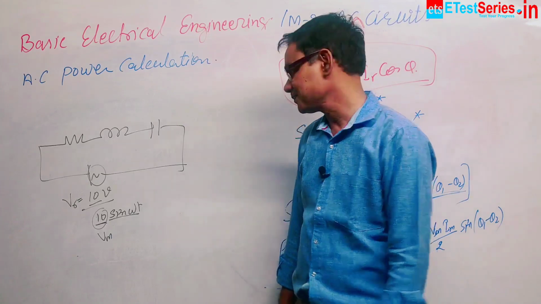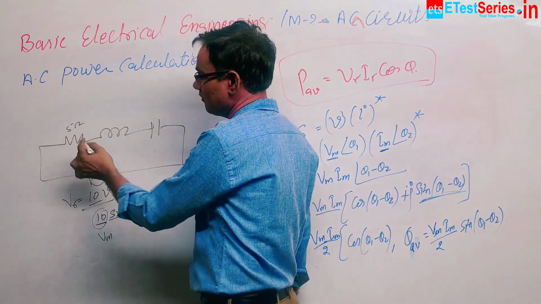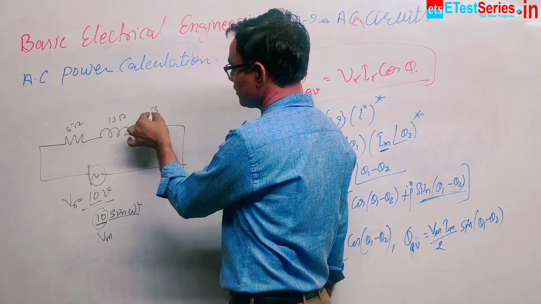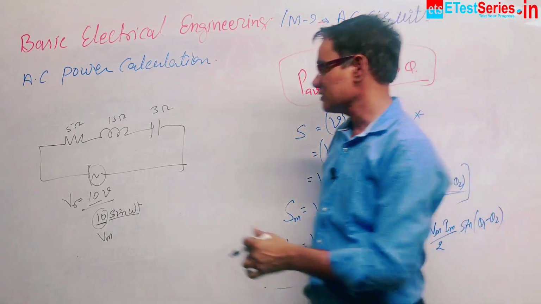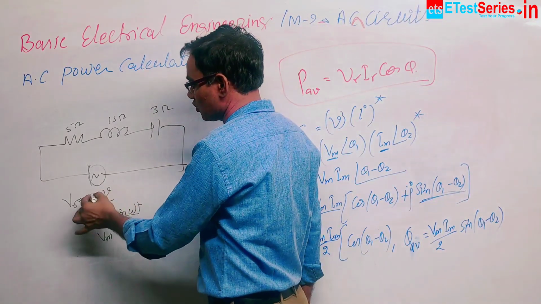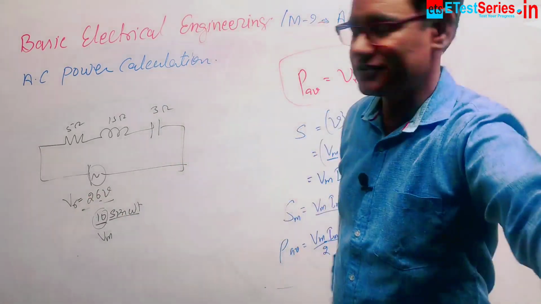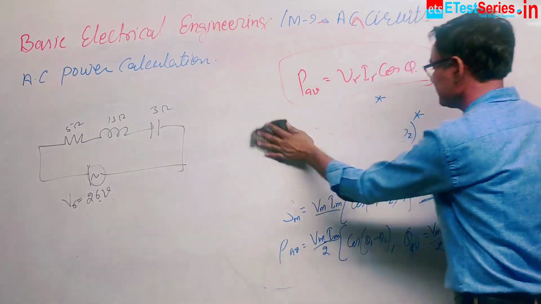So we'll take care. The resistance is 5 ohm, the inductive reactance is 15 ohm, and the capacitive reactance is 3 ohm. Suppose that the voltage we are taking here is equal to 26 volt. For easy calculations, I have calculated all the things, that's why.